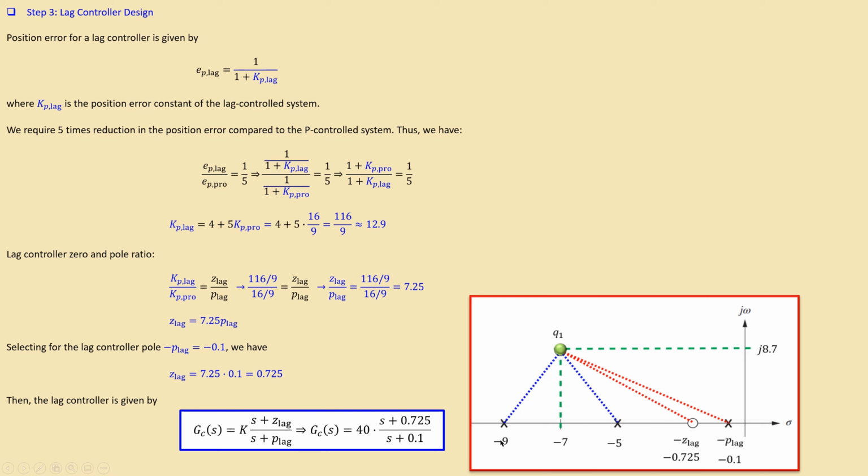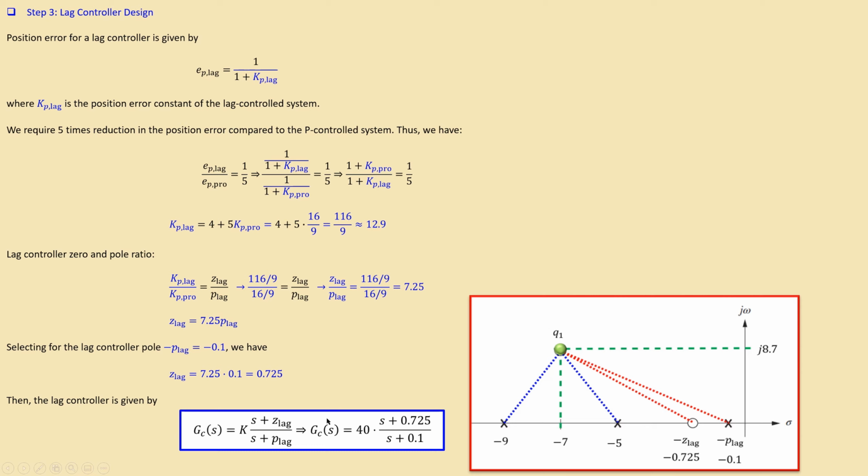We see the two poles of the plant again, -5 and -9, and we see the Z lag and the P lag. The location of the P lag was selected at -0.1, and the 0 of the lag was calculated using the ratio of the position error constants. Now we have determined our lag controller.